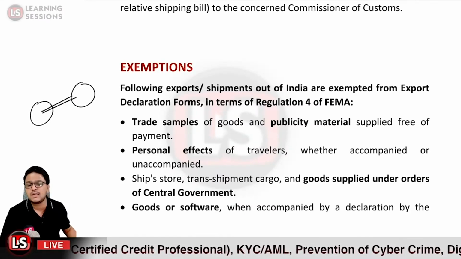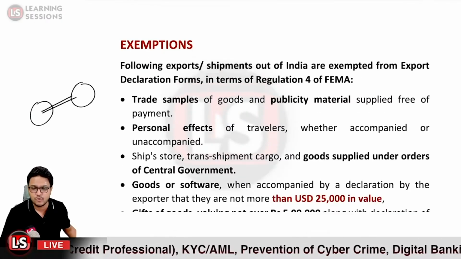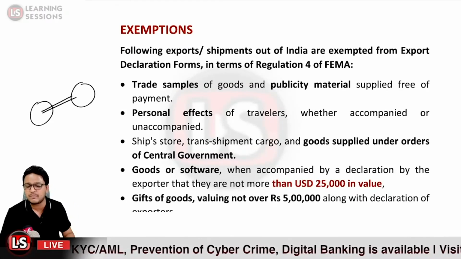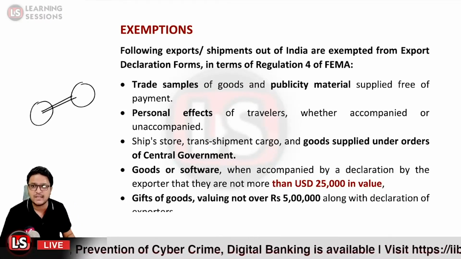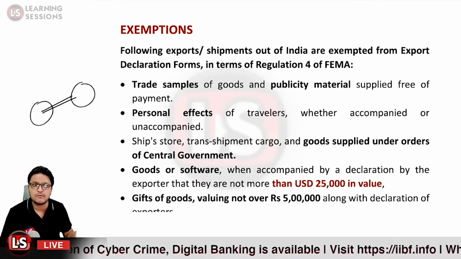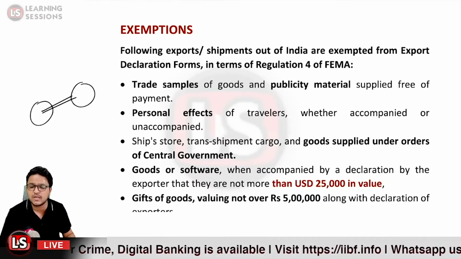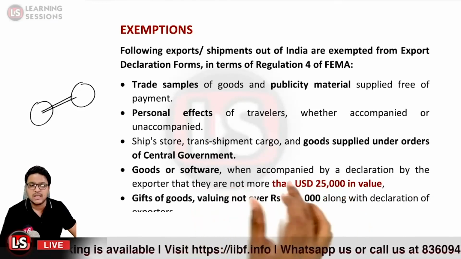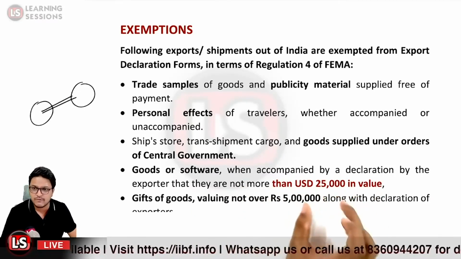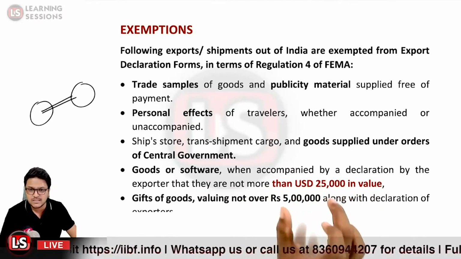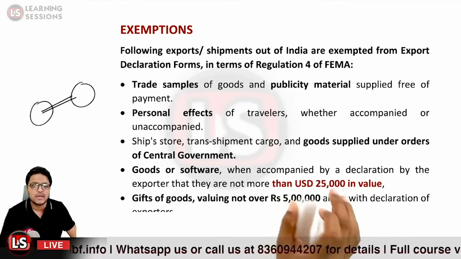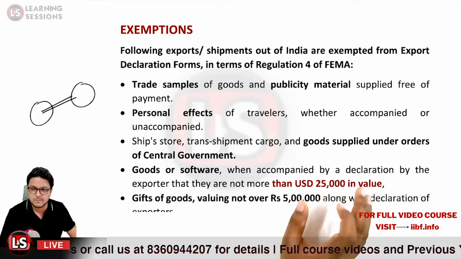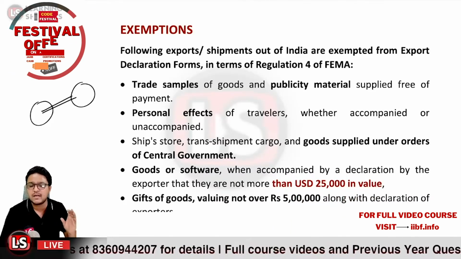And further, if the goods or software are to be exported, and a declaration is given that the value of the goods or the software so exported is not more than USD 25,000, in that case also you need not declare the forms specifically, but you have to submit an undertaking.